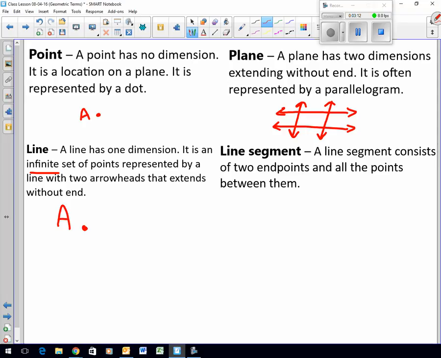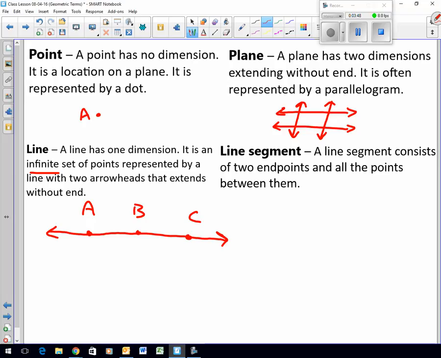So if I started with point A and included point B and said point C is on there as well, my line AC would start before I got to point A, would go to and through point A, to and through point B, to and through point C, and go forever.